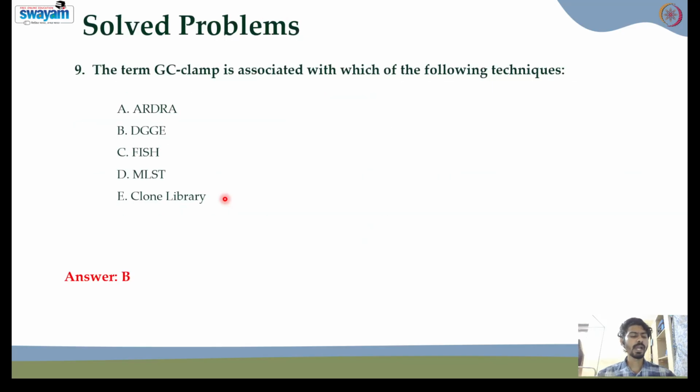And we will discuss why not the other options. Option A, what does it primarily deal with? This technique uses a restriction enzyme to digest the PCR amplified fragments, so it doesn't utilize any GC clamp. It mainly restricts to restriction enzymes. Whereas option C, fluorescent in situ hybridization, what happens here?